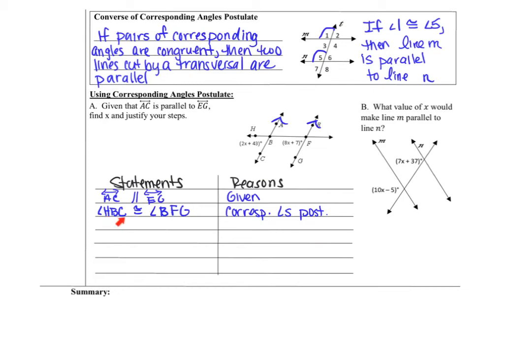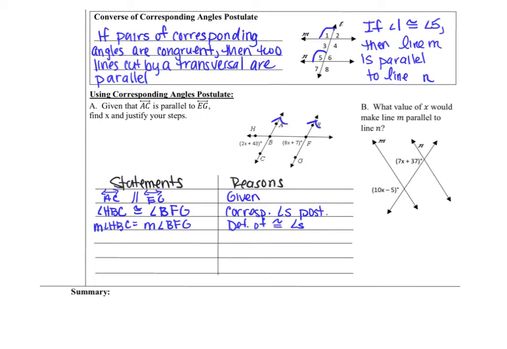So because these angles are corresponding, that means that their measurements are equal. So you would write an equality statement next. Your reason would be definition of congruent angles, which should be familiar from last unit.